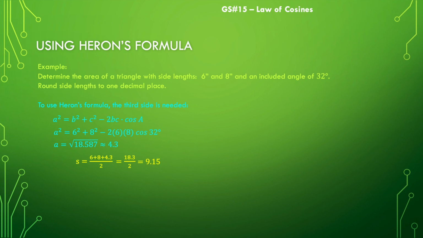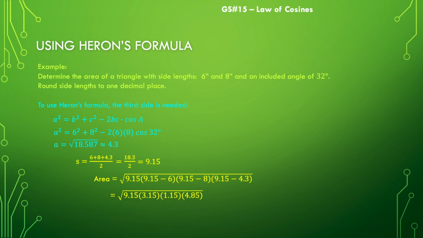Then we can substitute our s and our a, b, and c into Heron's formula. The area is equal to the square root of 9.15 times the difference of 9.15 and 6 times the difference of 9.15 and 8 times the difference of 9.15 and 4.3.